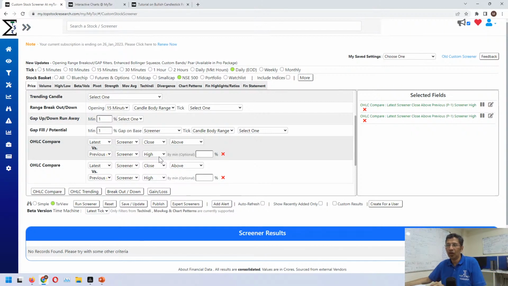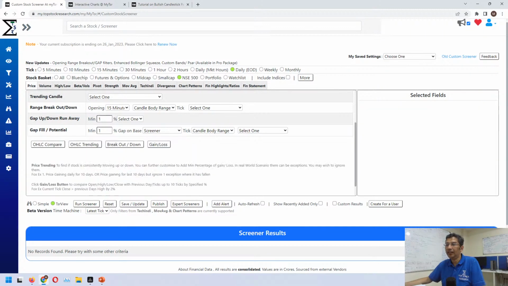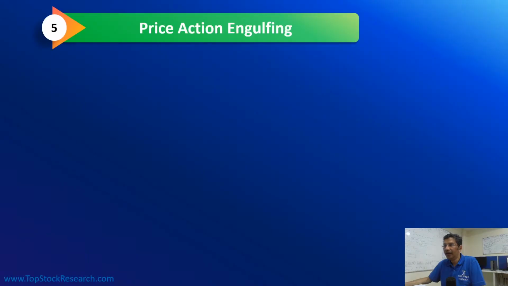So that will give you some sort of consolidation. It requires some work and some chance to find certain stocks within that limit. So there are no stocks matching this particular criteria.